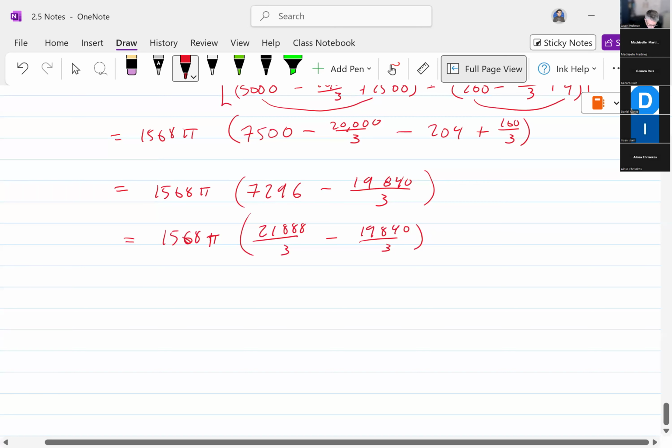This becomes 2,048 over 3, which is then equal to 3,211,264 over 3 pi. I could put the pi on top of this. I don't know. It doesn't matter. Pi joules.